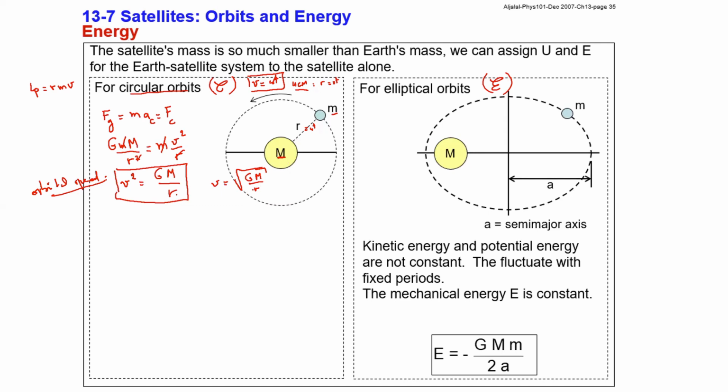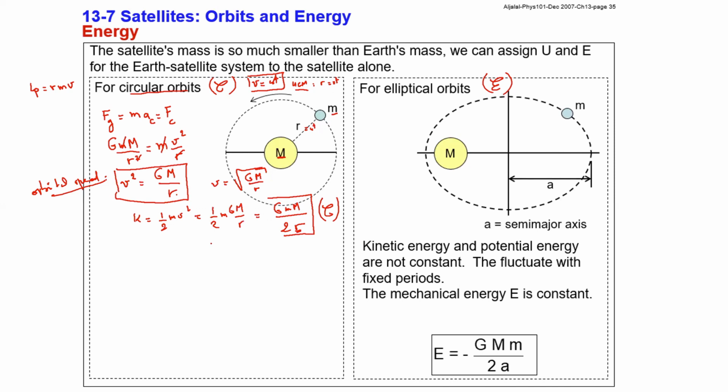Once I get the orbital speed, I can get the kinetic energy of the satellite. It's half m v squared, so half m multiplied by G M divided by r. So it's just G M m divided by 2r. This is the kinetic energy for a circular orbit, fixed by the radius. Fixed radius means fixed speed, which means fixed kinetic energy.